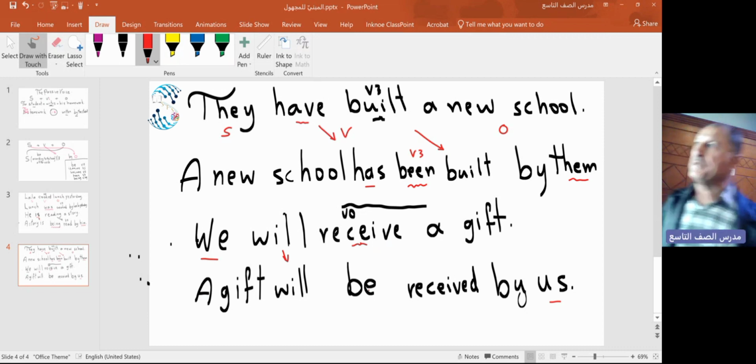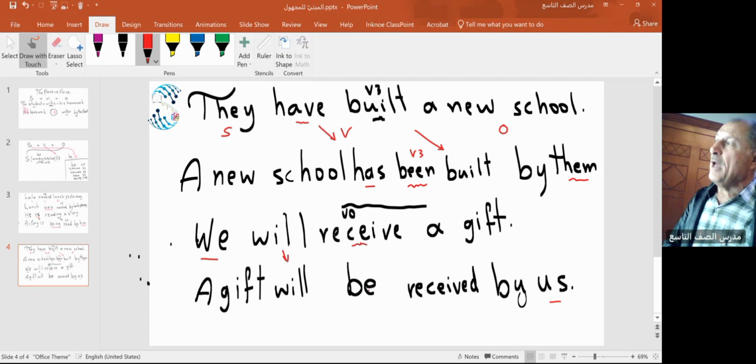I hope in this brief explanation of the passive voice I gave you a clear idea about how to form the passive voice if we have an active sentence and we are asked to change it into the passive voice. These are the main steps. I will repeat them orally.